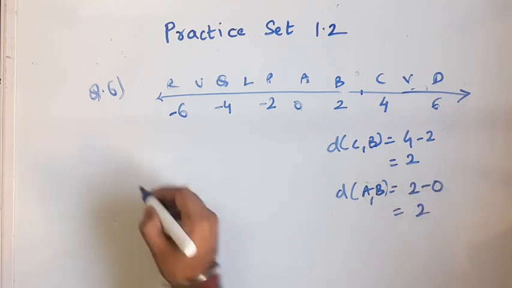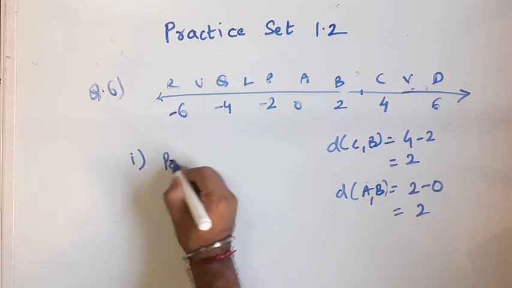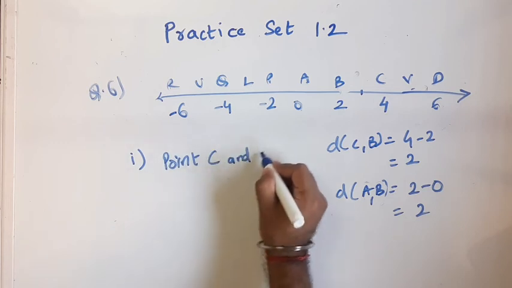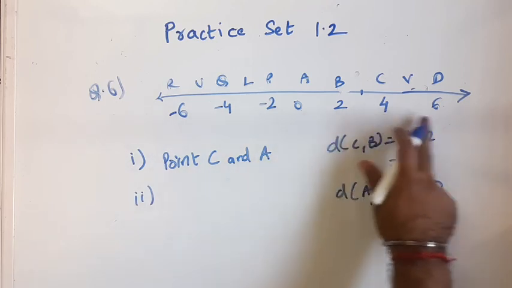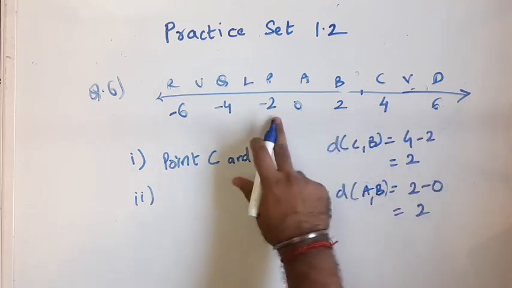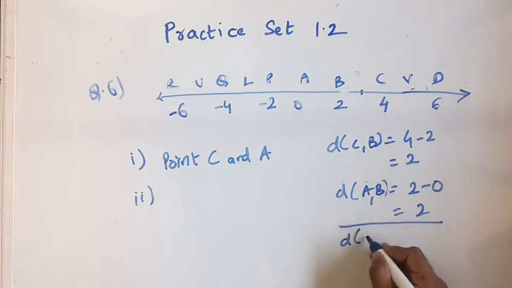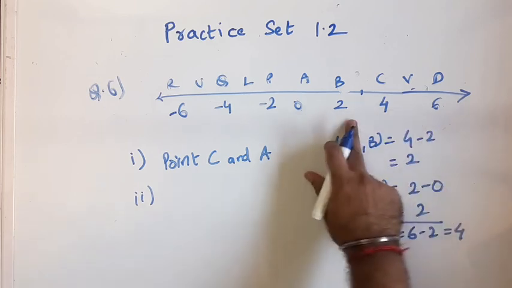So first what I got is points C and A. Another pair, you can see this is 4 units away, and this is also 4 units away. Distance DB is equal to 6 minus 2, equals 4.